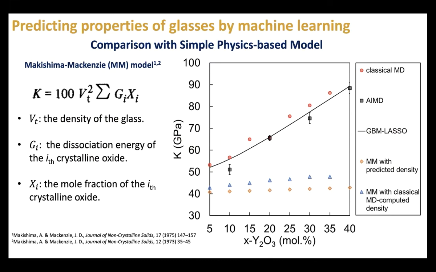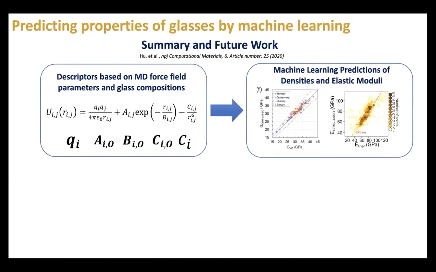So this result suggests that by including the physical parameters of atom interaction in our input, our model can have a better description of some complex physical systems. Here is our conclusion for this study.